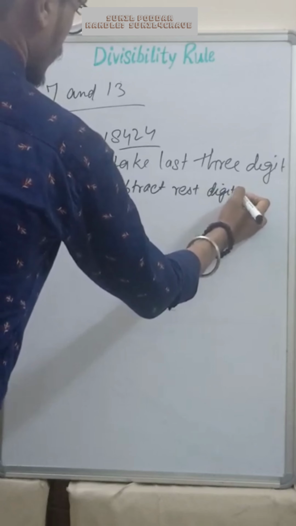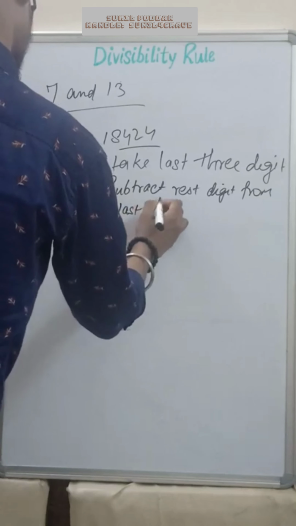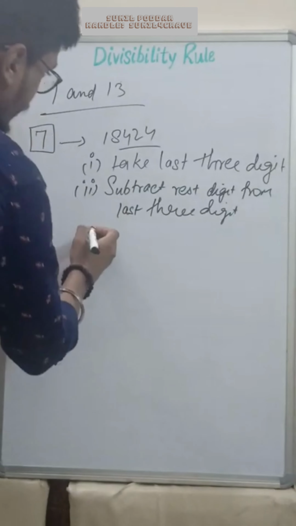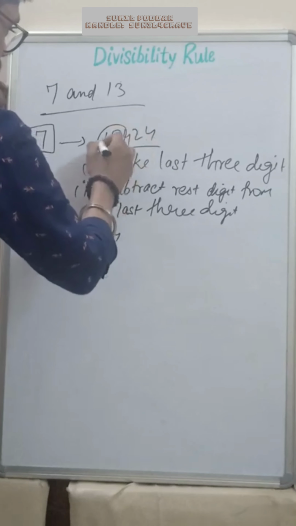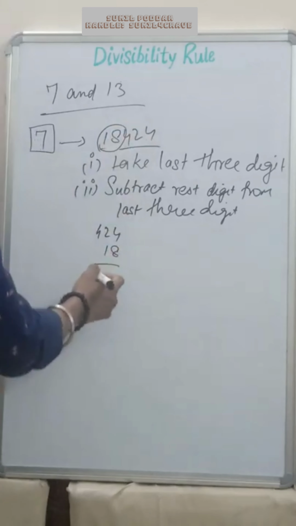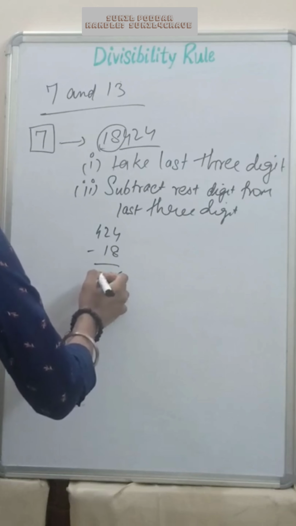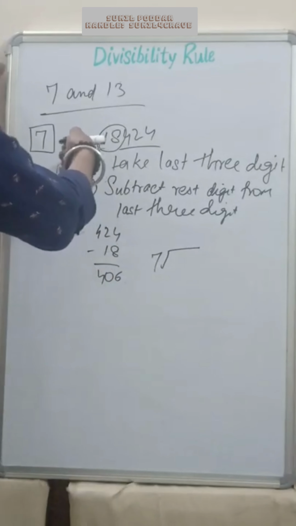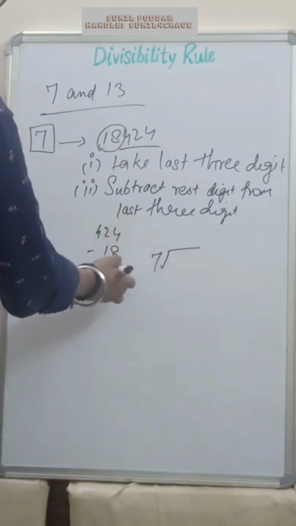Take 18424: the last three digits are 424, and the rest is 18. We subtract, so the result comes out 406. Dividing the big number by 7 would take time in the competition and be cumbersome, so here the result will be 406, and it is easy to divide any 3 digit number.